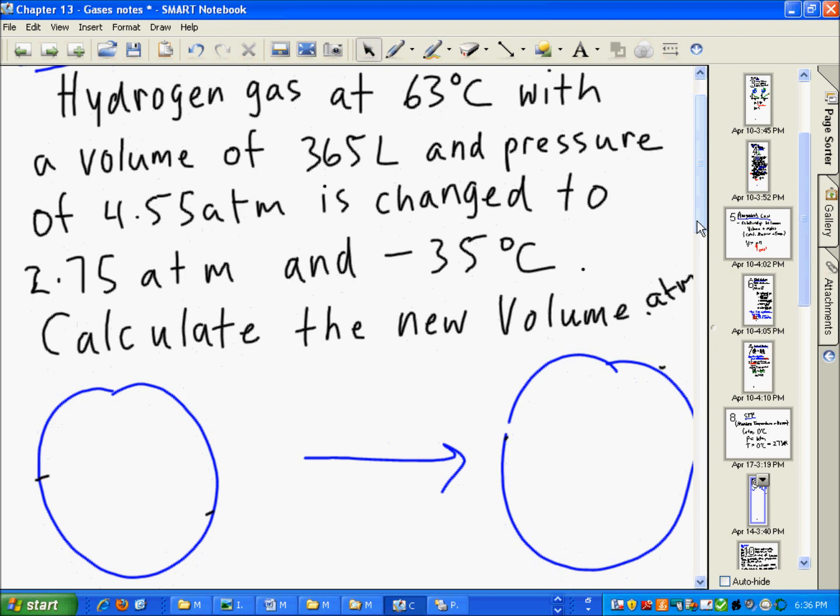What I've drawn here are 2 circles which represent containers or balloons, and what we'll do is put the conditions of the gas in both balloons.